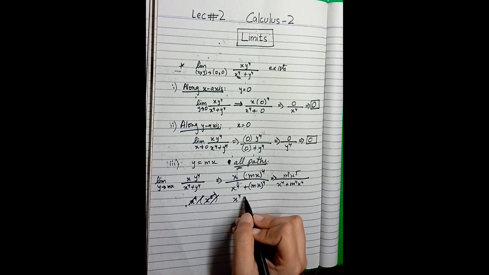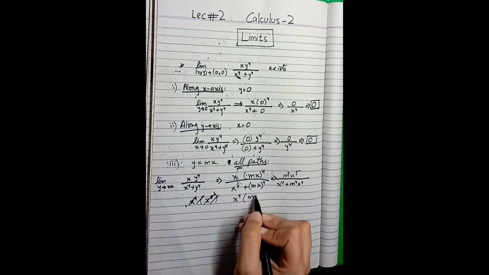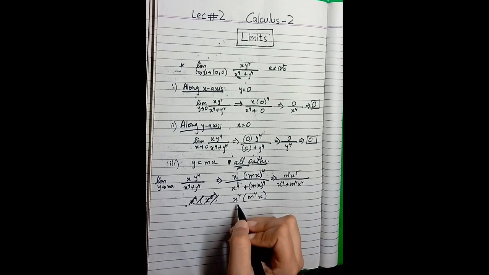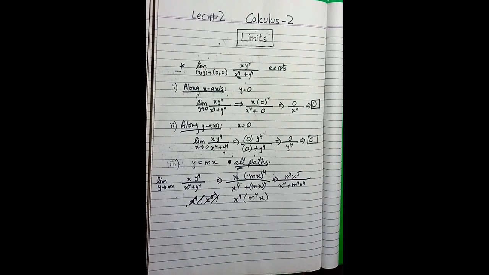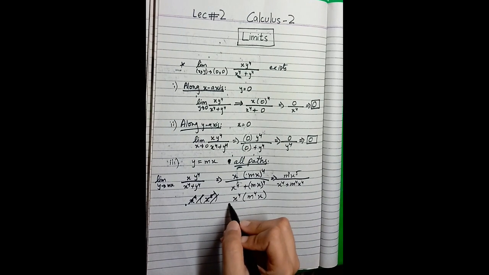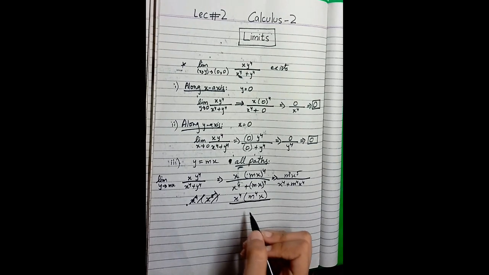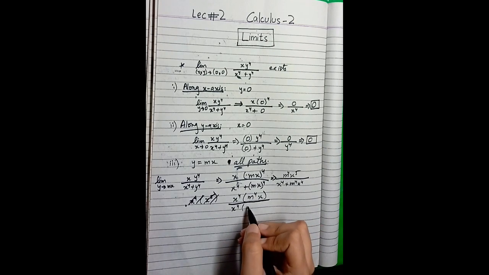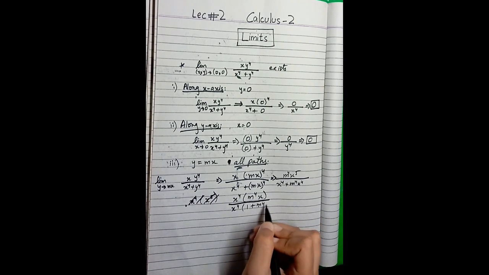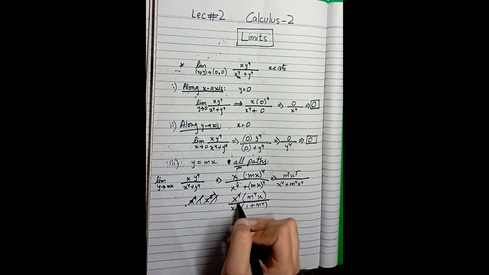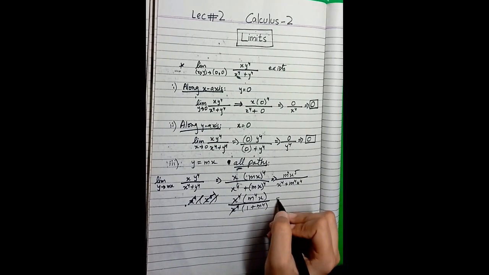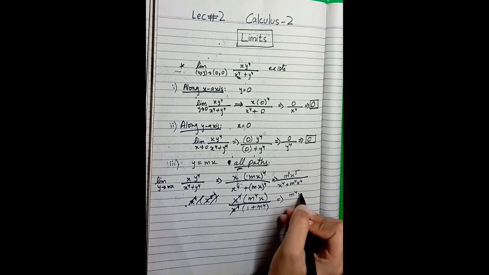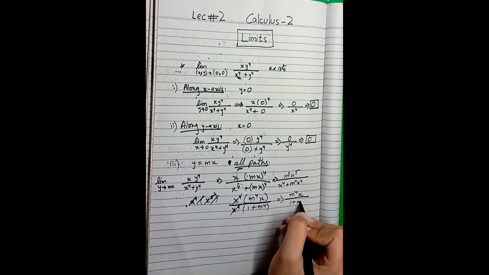Why are we taking x^4? Because in the denominator our biggest value is x^4. So we can take the common factor from the numerator and denominator and simplify it. In place of x^4 it will be 1 plus m^4. Now x^4 will be simplified and we will get m^4 x divided by 1 plus m^4.